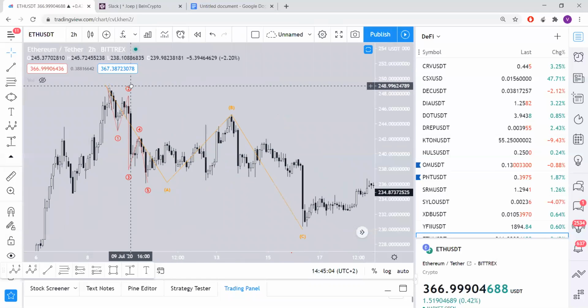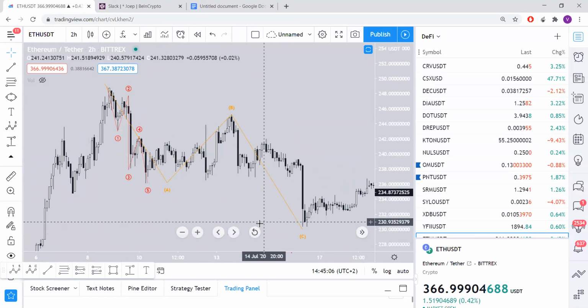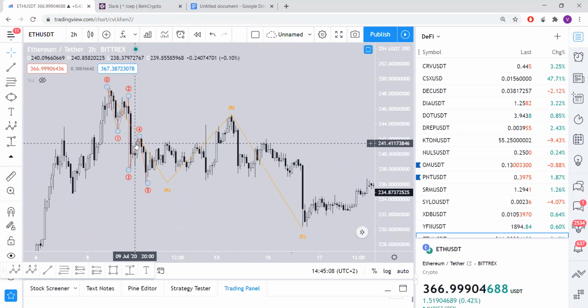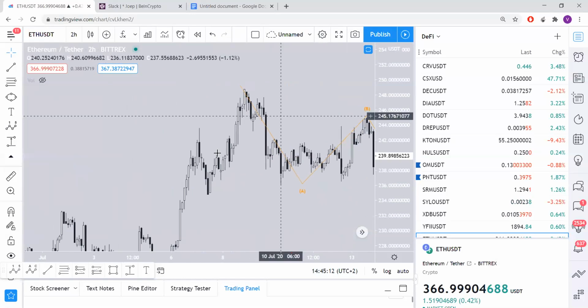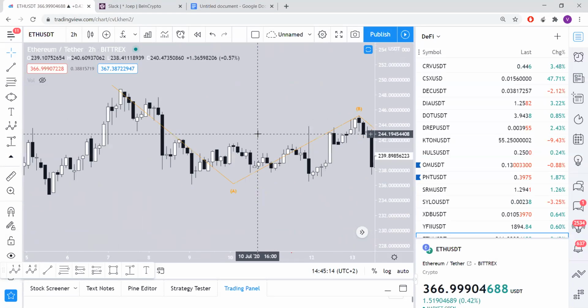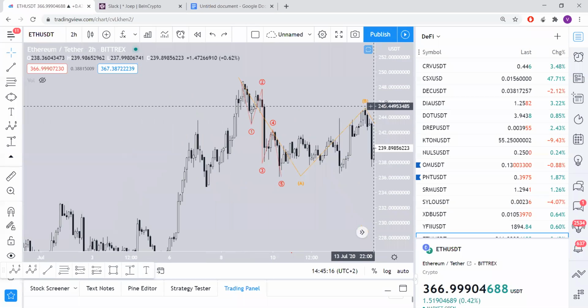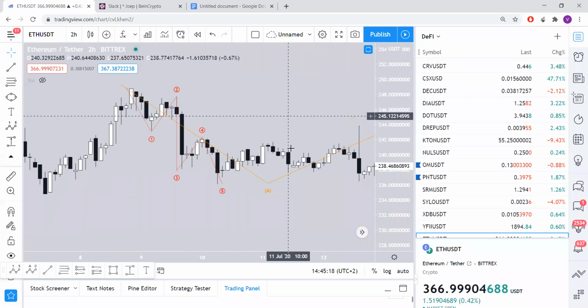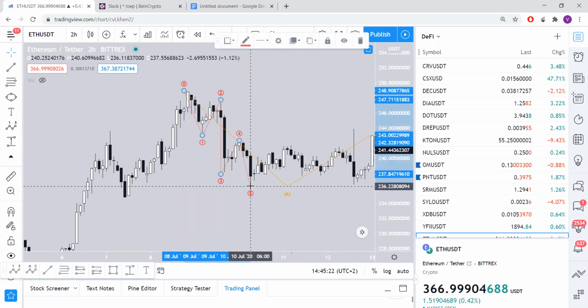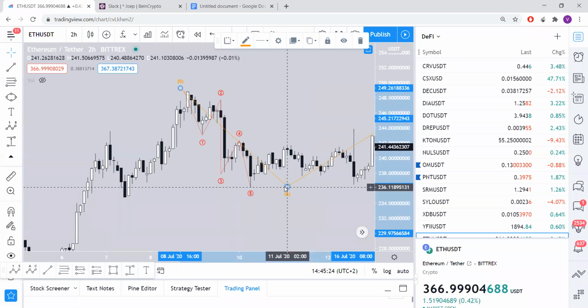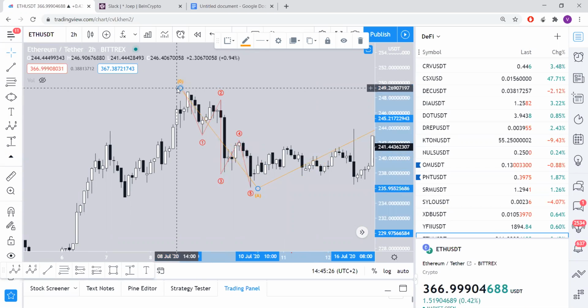Now, let's talk about how to find targets. Let's do corrections first. Say that you're here, right? You have correctly identified this as a possible ABC. You outlined 5 subwaves which follow all the impulse rules, so you're pretty sure on your count, you're feeling good, you have the correct count.